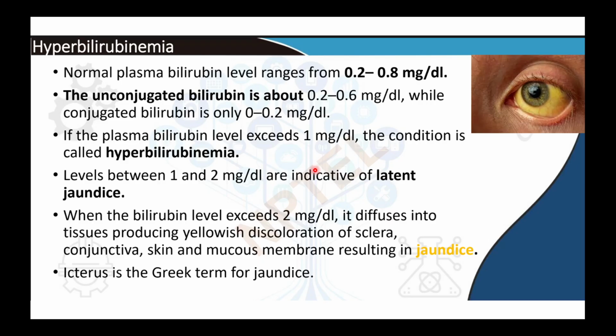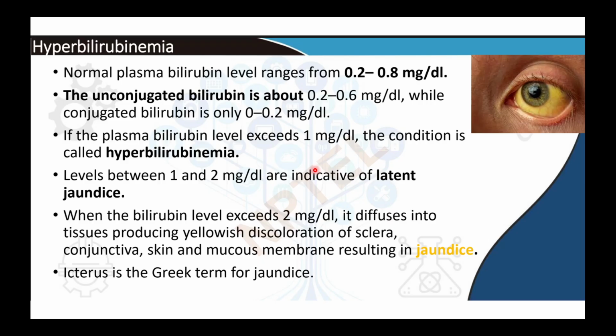And when the bilirubin level exceeds 2 mg per dl, it diffuses into the tissues, producing yellowish discoloration of the sclera, conjunctiva, skin, and mucous membrane, resulting in jaundice. If you have ever suffered from jaundice, or if you have seen anyone suffering from jaundice, you would have seen their eyes turning yellow, their skin turning yellow.